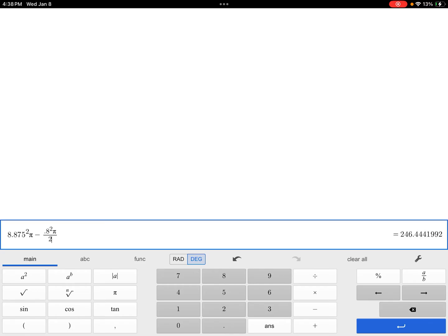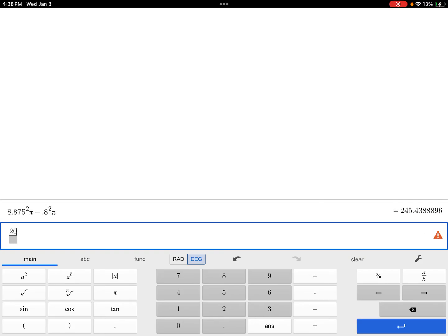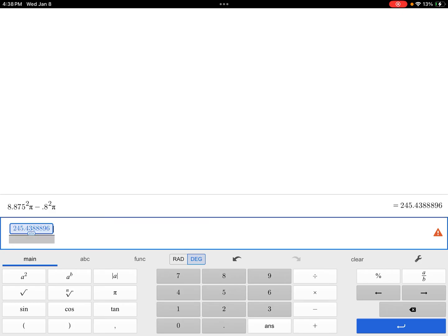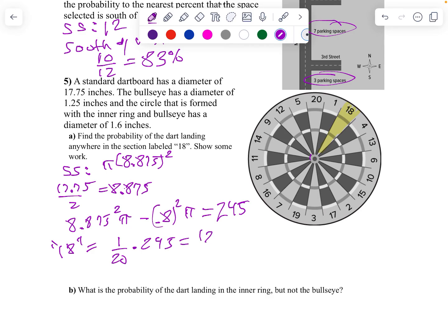Press enter. Okay, then we'll divide that by 20. So that's the area of the 18 part. The area of the 18 part is about 12.27. So to find the probability that we're in the 18, that'll be about 12.27, and I'm going to divide that by 8.875 squared times pi.